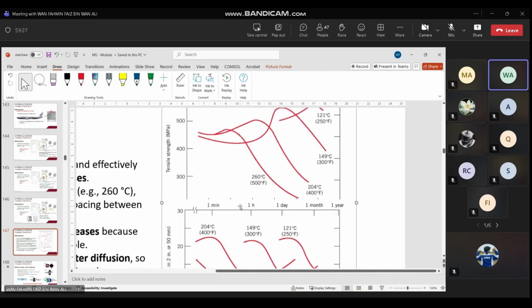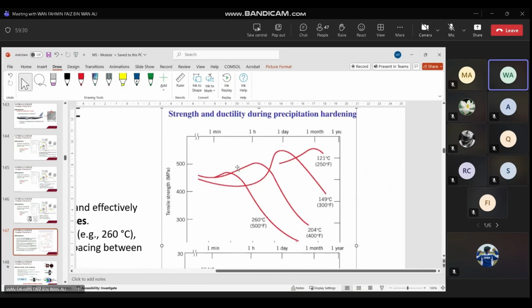So if you look here, for example, aging at different temperatures, from 121 to 216. The higher the temperature, you get a fine precipitate quickly, in 1 minute. So you prolong the aging time, for example 1 hour, and the precipitate becomes bigger.